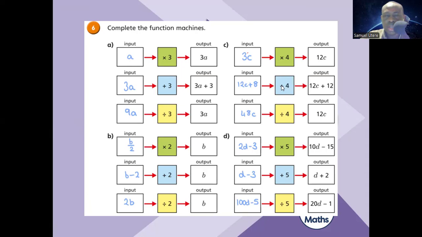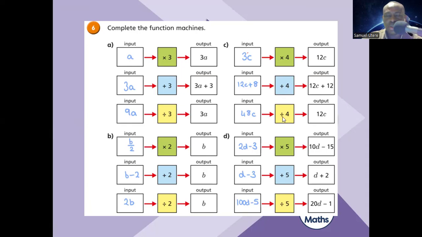We're subtracting 4. Okay. So you remember, you can only take away 4 from the 12 bar, not from the 12C bar. So that would be 12C add 8, because when you take away 4 from the 12 bar, you're left with 8. Then here you have to multiply.